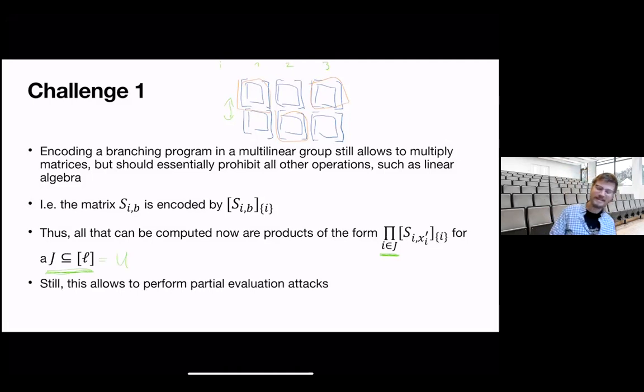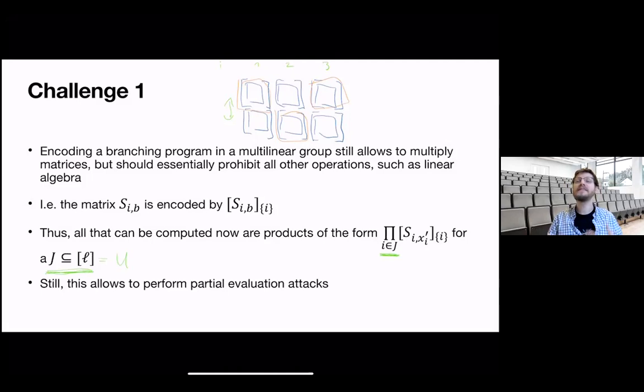However, this still allows us to perform partial evaluation attacks, right? In particular, what does this multilinear group even hide? If we start with a fixed circuit, then by Barrington's theorem, this results in a fixed branching program. But if we now just encode this in a group, I'm not using any randomization here.